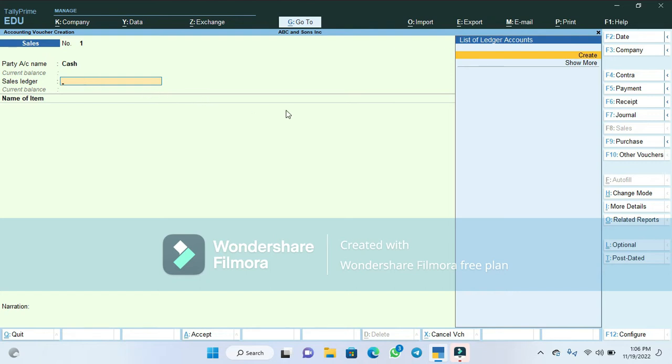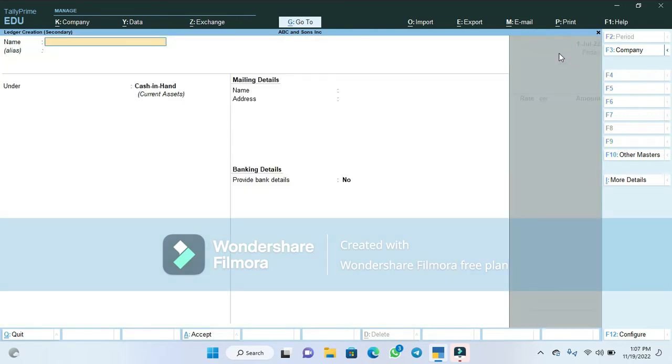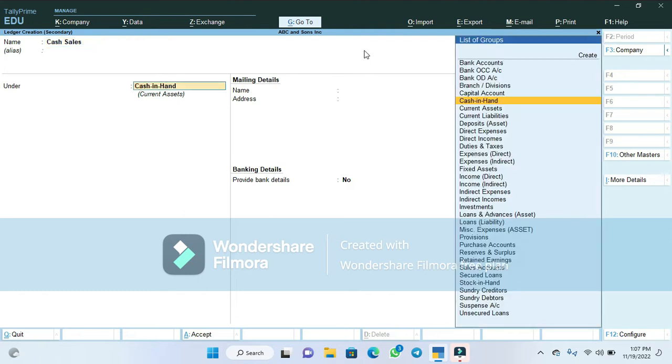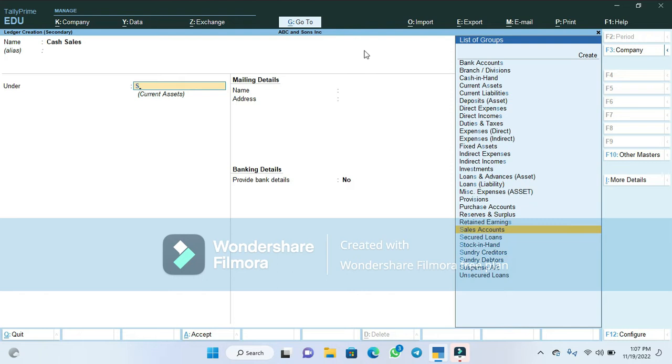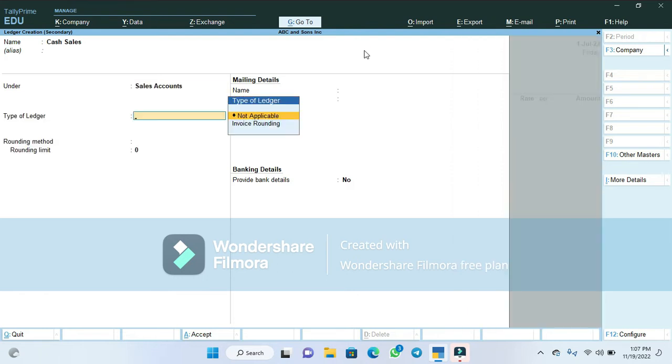We selected cash, then we are going to come and create an account which is cash sales, enter. So this is a sales account, enter.